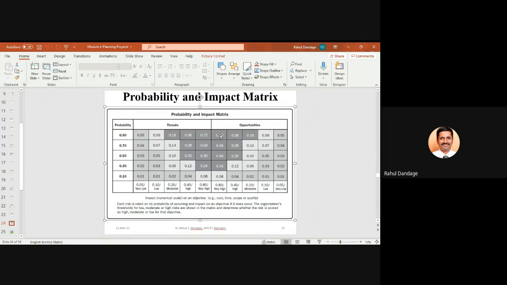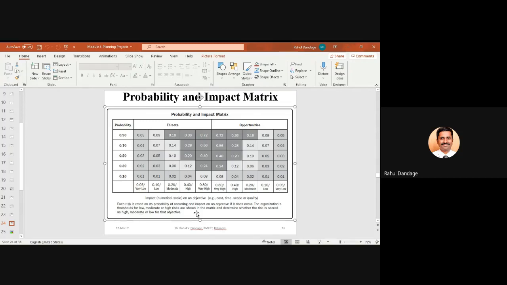Now in this case, priority should be given to increase their probability of occurrence as well as increase their impact on your project, because they are highly desirable risk categories, in the form of positive risk, or opportunities to your project.